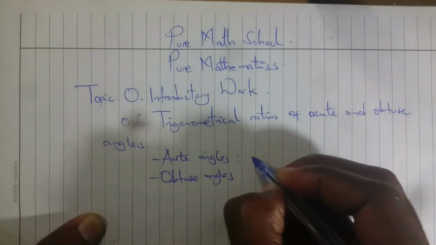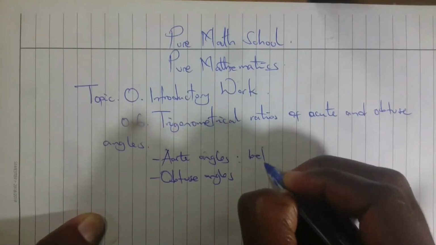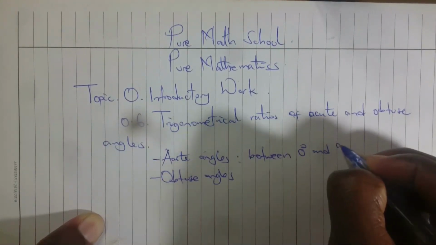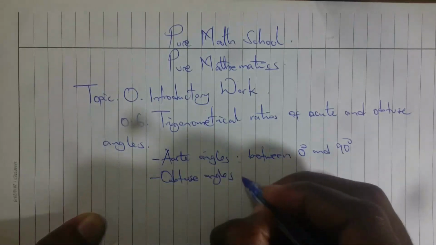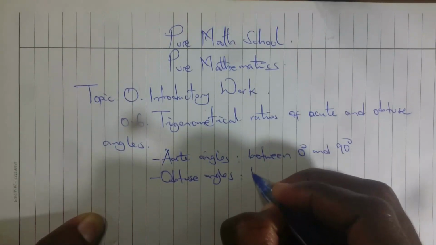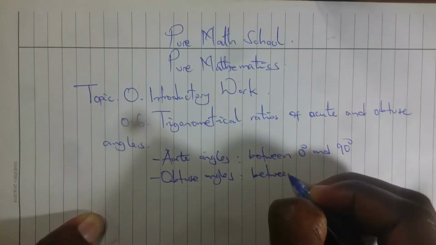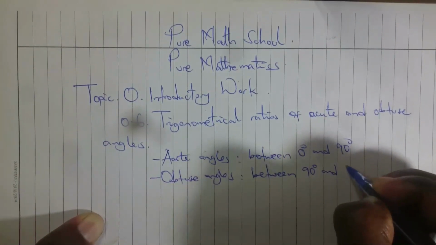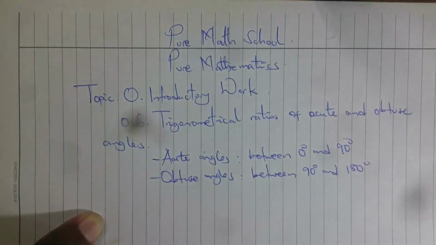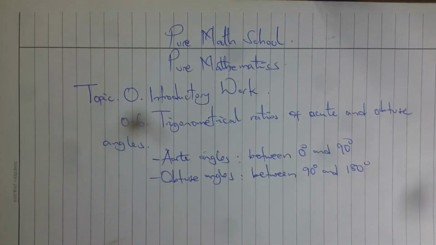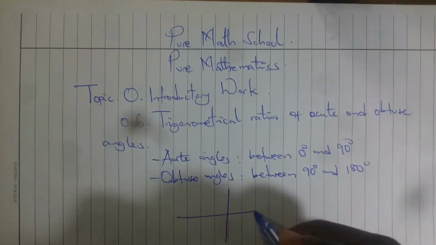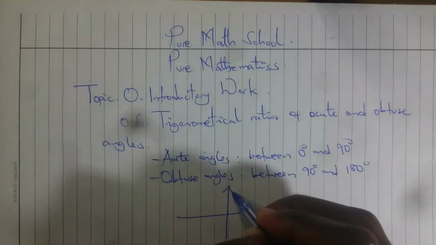Acute angles are those angles between 0 degrees and 90 degrees, and obtuse are those ones between 90 degrees and 180 degrees. So that's it, and let me give you something that can make you recall that.